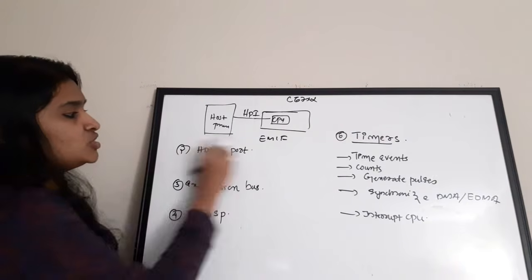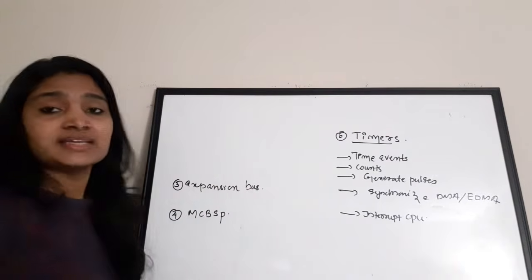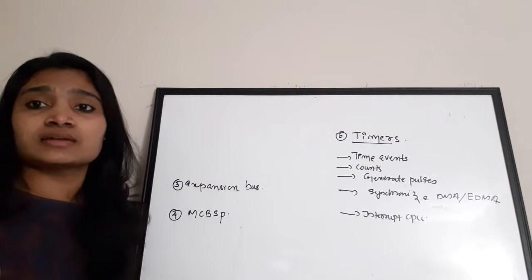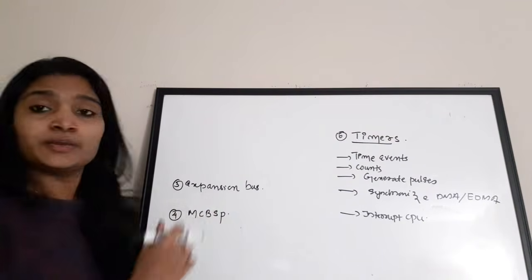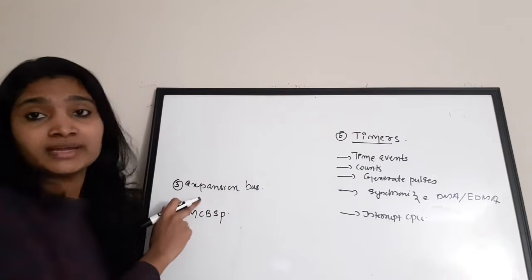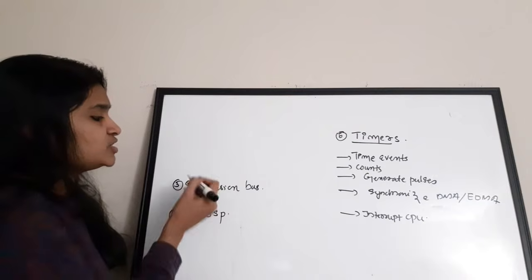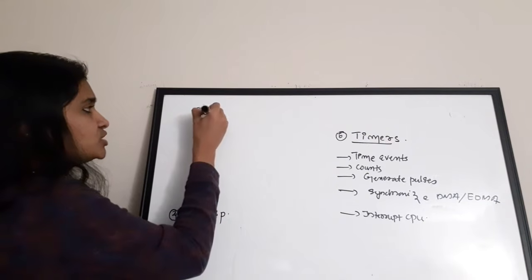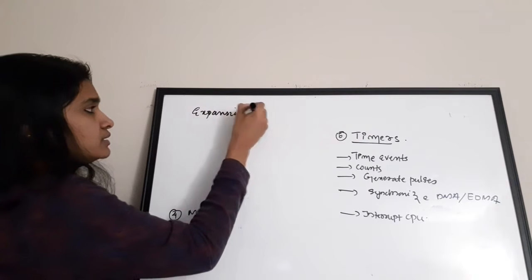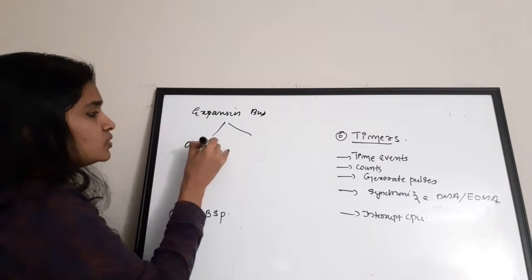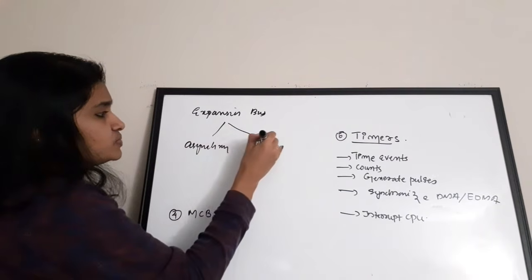Next is the expansion bus. The expansion bus can be used as a replacement for the EMIF, that is external memory interface, or the HPI, that is host port interface. This expansion bus has two modes of operation, asynchronous mode and synchronous mode.